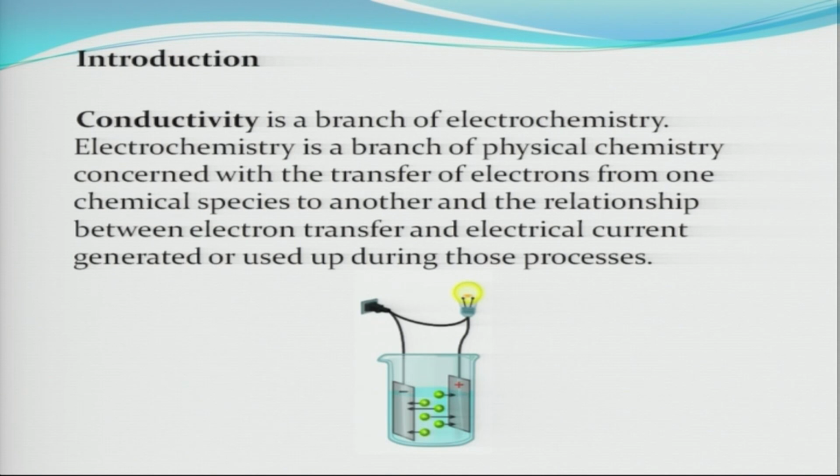So when someone talks about conductivity, you get a simple meaning that we are dealing with electricity. Actually, conductivity is a branch of electrochemistry. And this electrochemistry deals with the transfer of electrons from one chemical species to another, and the relationship between electron transfer and electric current.